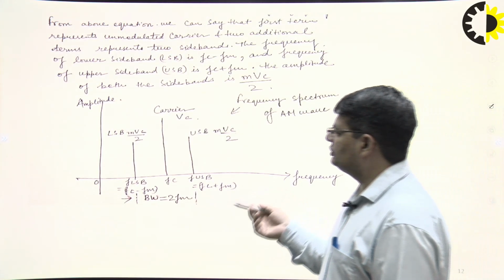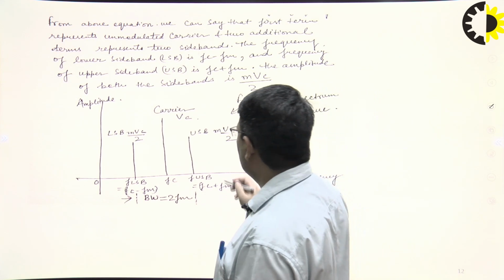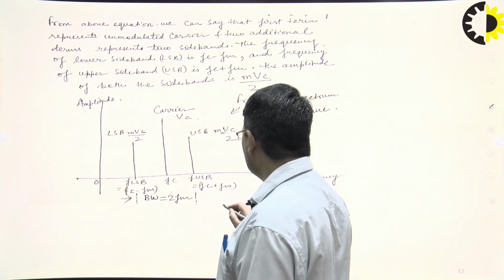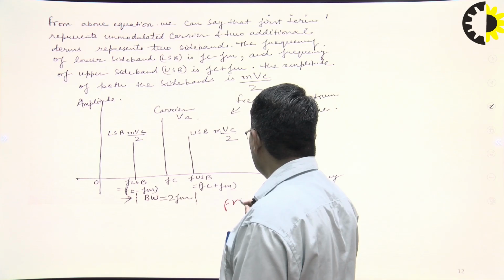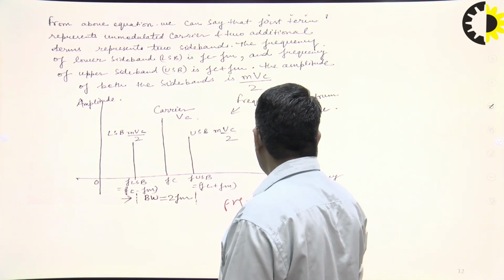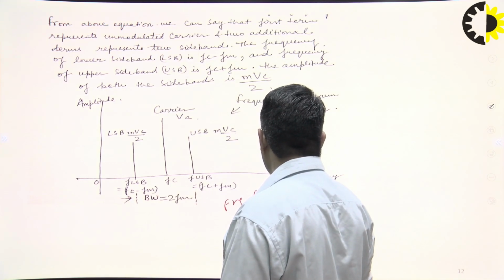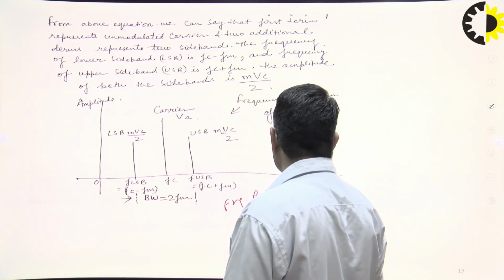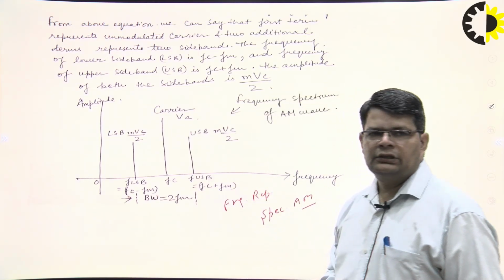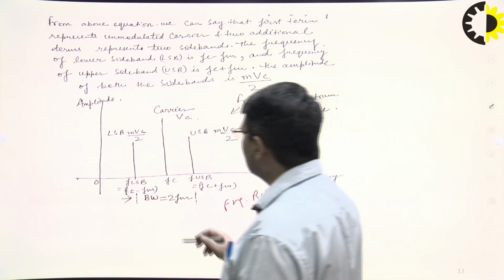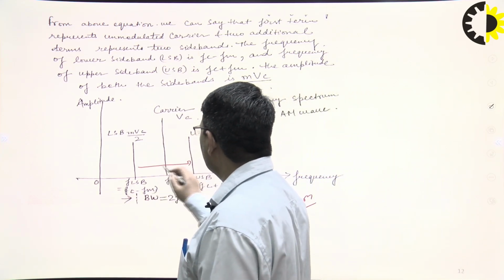As discussed in the previous slide, this is the frequency domain representation, or we can say the spectrum of the AM wave. Then the bandwidth of the system is the range of frequency.